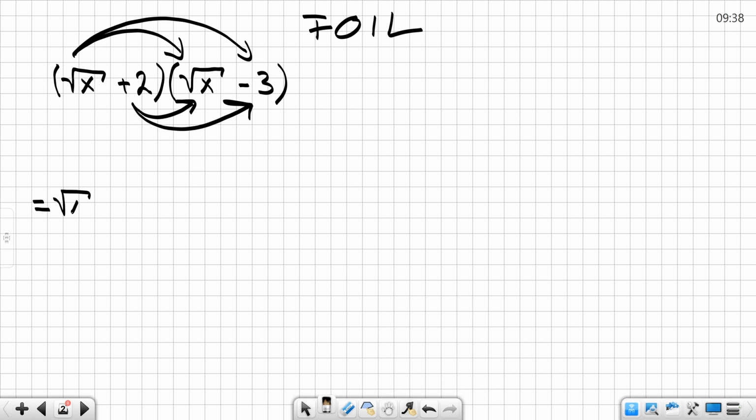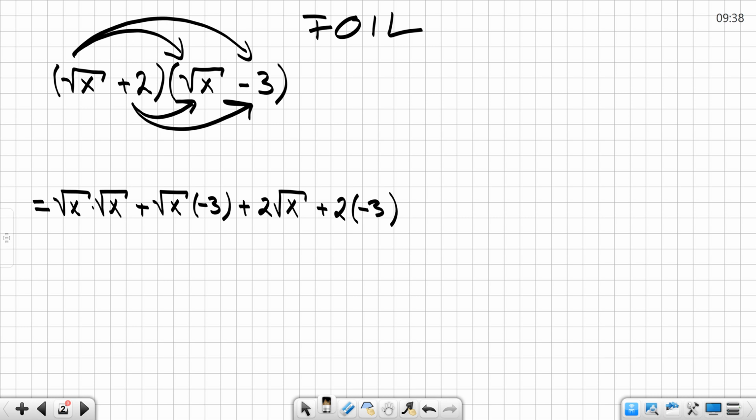So, what do we have? We have the square root of x times the square root of x. This is the product of the first. Plus the square root of x times negative 3. This is the product of the outer. Plus 2 times the square root of x. Plus 2 times a negative 3.